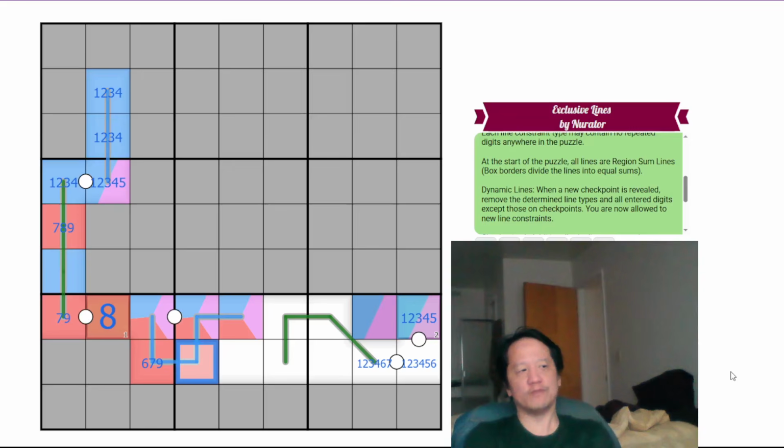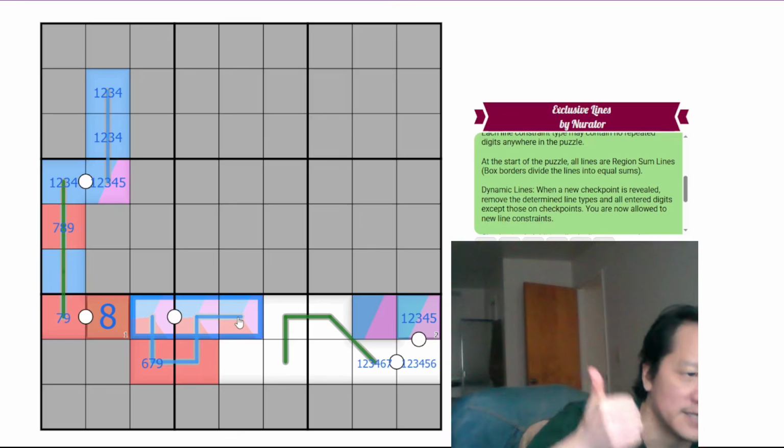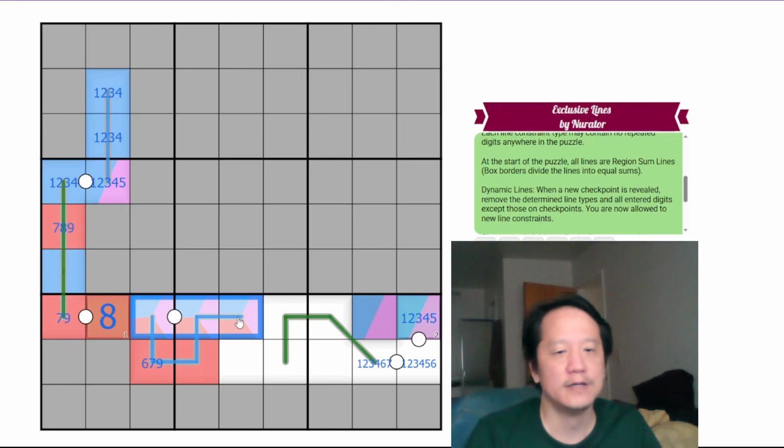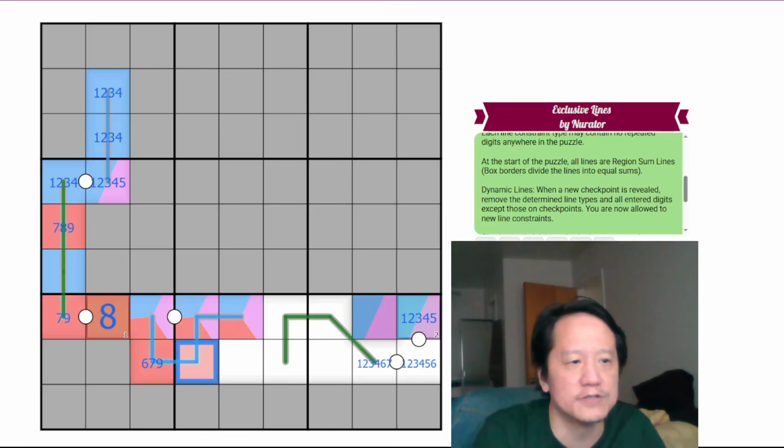Because if we're missing an even digit from the 8 unique digits on these region sum lines, the sum will be odd when there's supposed to be 2 times a sum for both of the lines. So since we have all the blues accounted for, we must be missing a 7 or a 9. So we have to have the 8 somewhere on this region sum line. So this must be an 8.